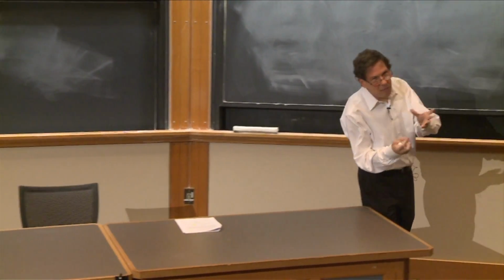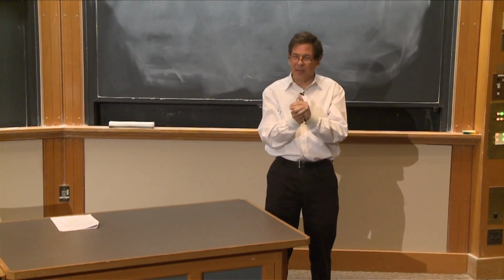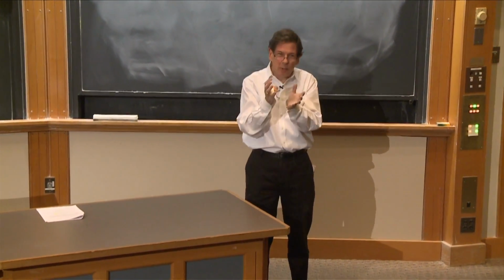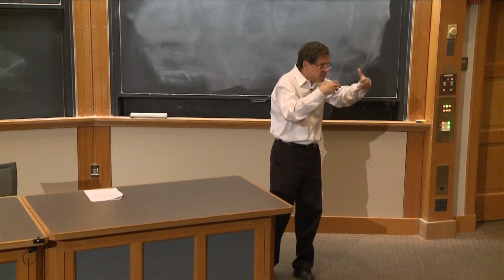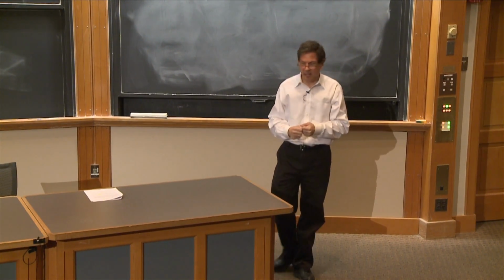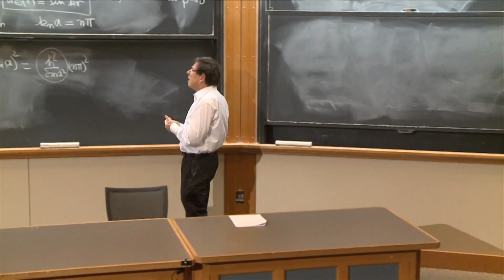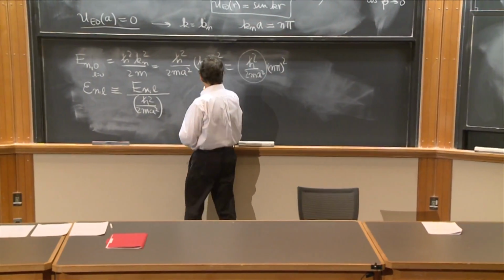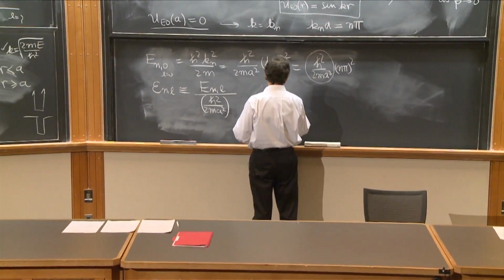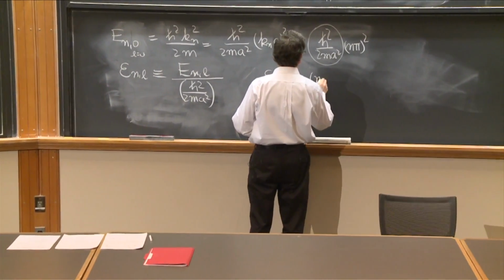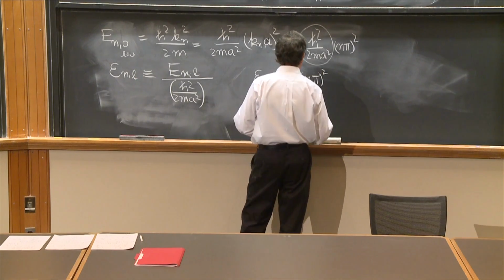And it tells you for any level, roughly how much bigger it is than the natural energy scale of your problem. So it's a nice definition. And in this way, we've learned that calligraphic En0 is equal to n pi squared.